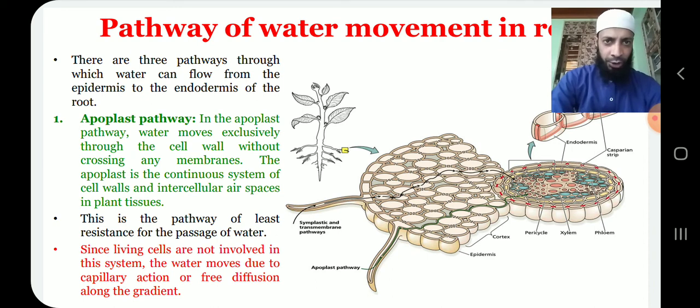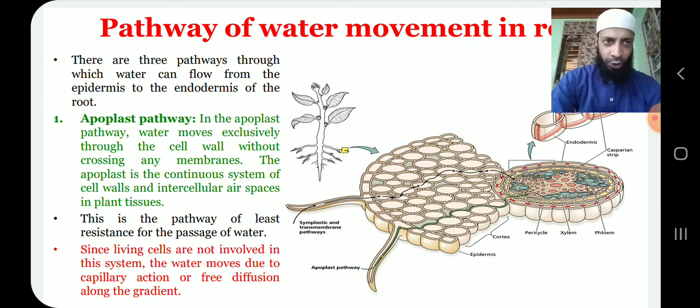And apoplast is the continuous system of cell walls and intercellular air spaces in plant tissues. So the apoplastic pathway is the pathway through which water moves from root hair cell onto endodermis through cell walls of cells and also intercellular spaces.